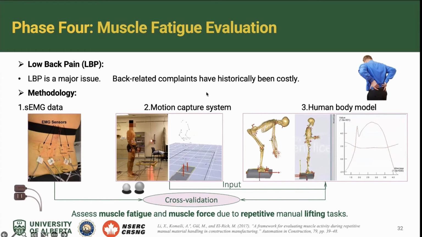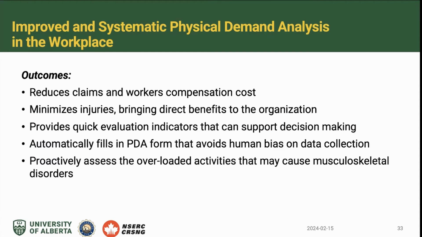In case a deeper analysis is required based on the PDA information, we can even do a further experiment there. Okay. So the outcomes from all 4 aspects of the presentation are: we can reduce the claims to the workers' compensation board.